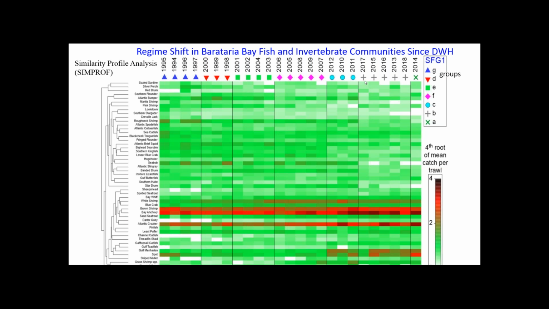And you can see that in the upper right corner, this represents the years virtually in sequence from 2013 to 2018. And you can see that there's been a reduction in abundance. The scale is the fourth root of the catch per trawl. Virtually this entire set of species from southern flounder down to stardrum, which tend to be the more saline-dependent animals, has declined in favor of some of the more freshwater-dependent animals.